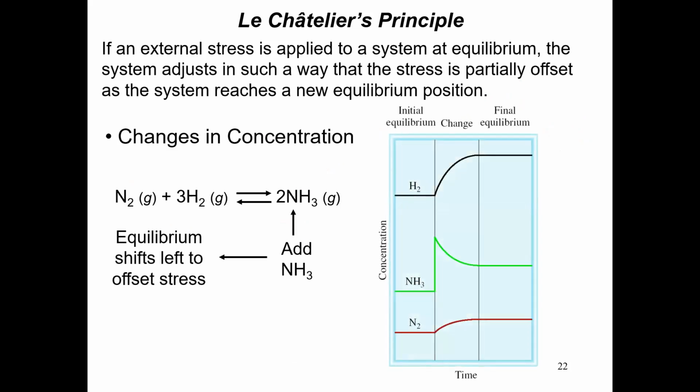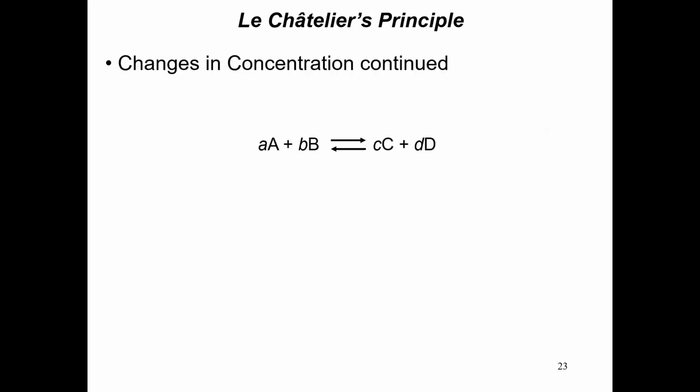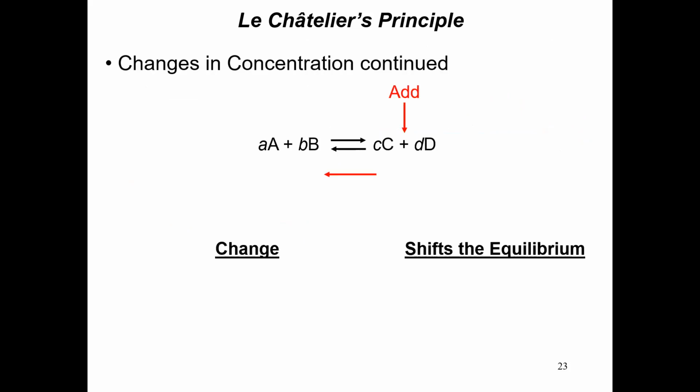And this is a proof of experimental results. Adding ammonia to it, it changes the equilibrium. Change in concentration continued. Adding to the right-hand side will force it to go to the left. Increase the concentration of products shifts it to the left.